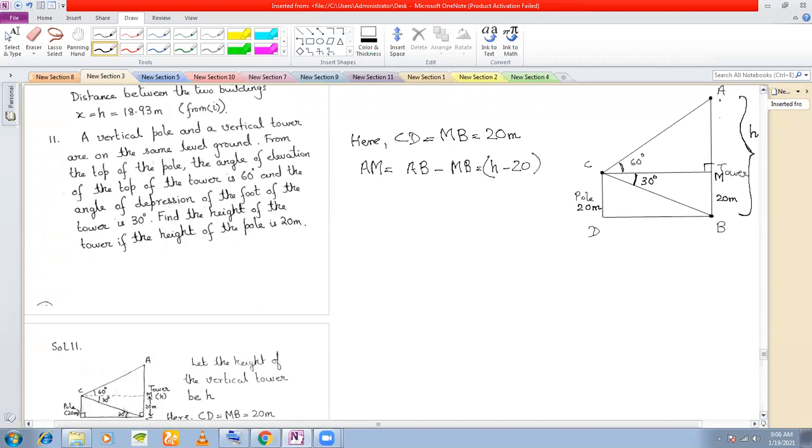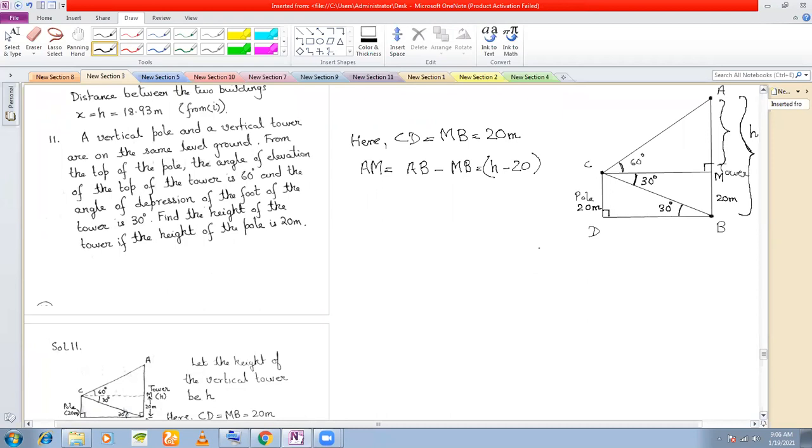So this length here, only this length is H minus 20. Okay. So also what you must observe is that these two angles are equal. So this angle is also 30 degree. This is your 90 degree.